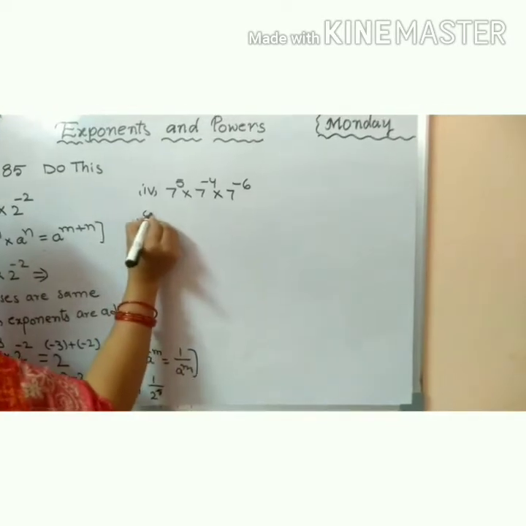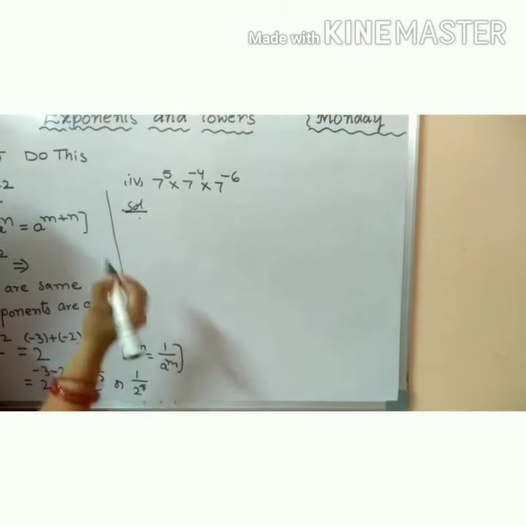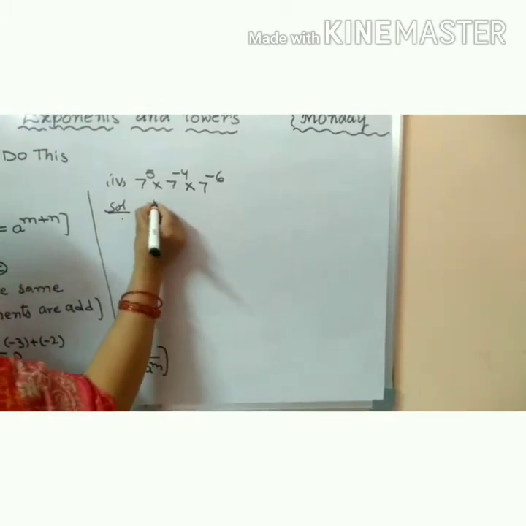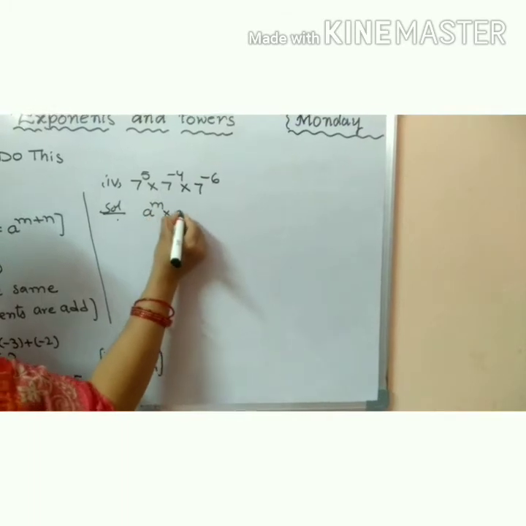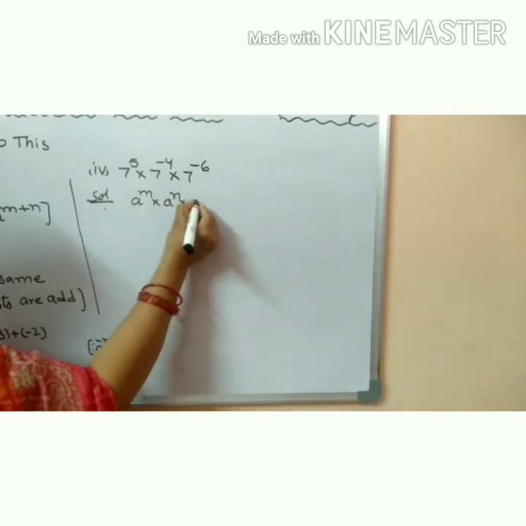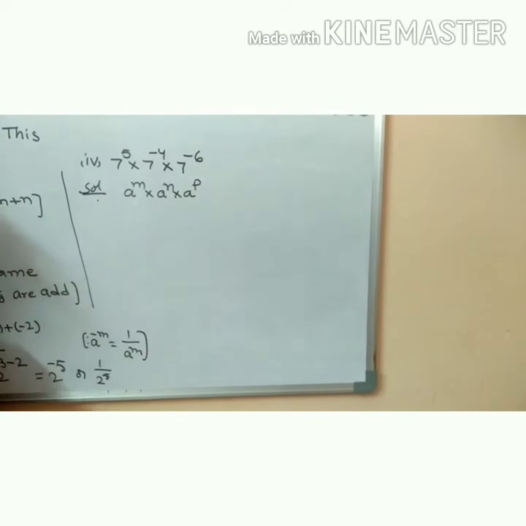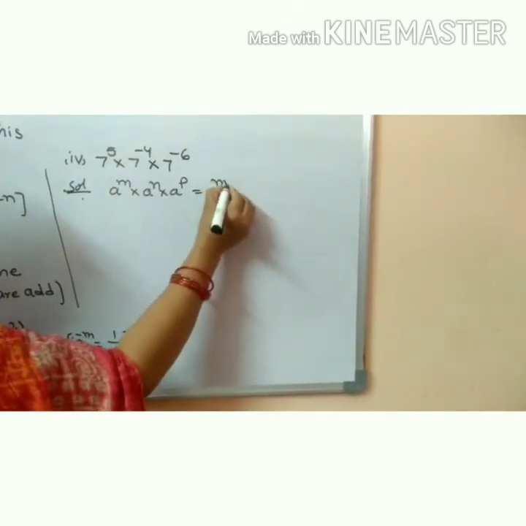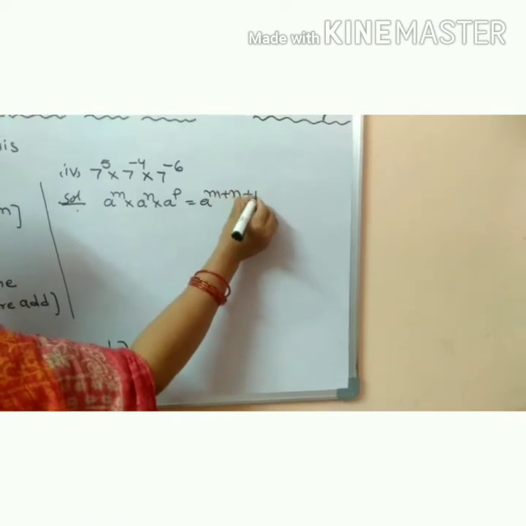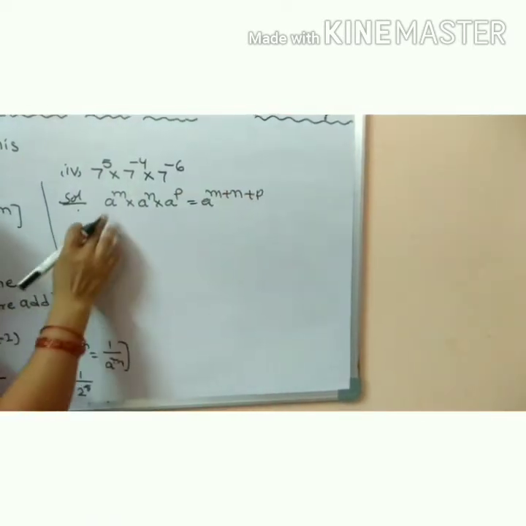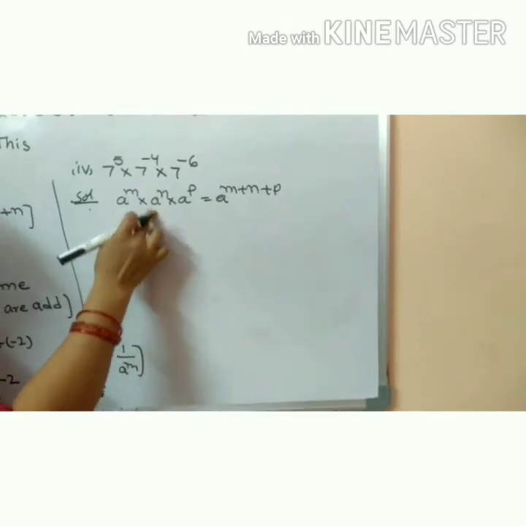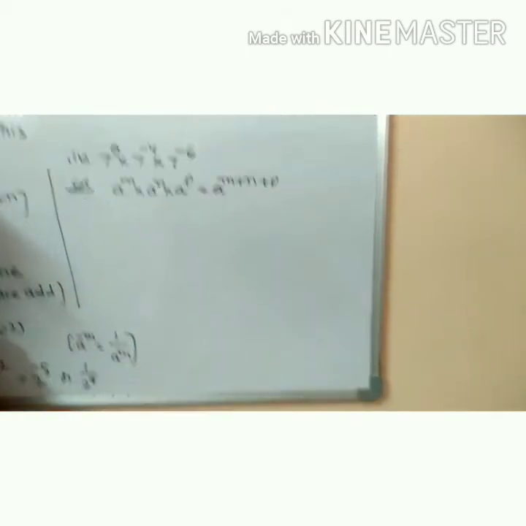So in this solution, same here also, a power m into a power n into a power p. You will write here a power m plus n plus p, because here bases are same, then exponents are adding.